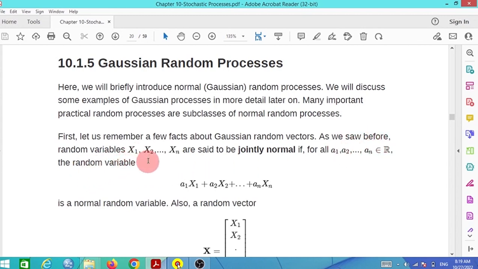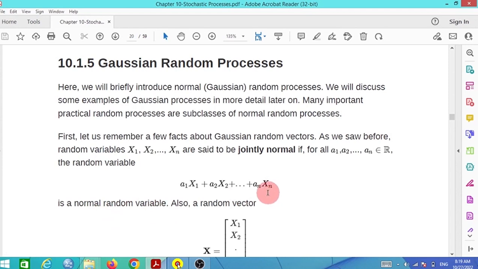Random variables X1, X2, ..., Xn are said to be jointly normal if for all a1, a2, ..., an belonging to R, real numbers, the random variable formed by multiplying each random variable by each a and summing them is a normal random variable.